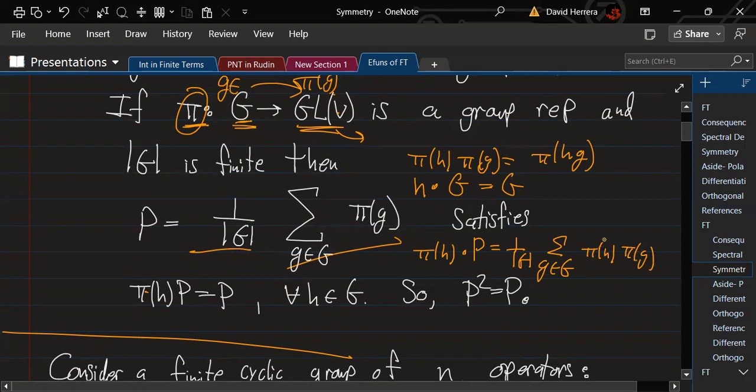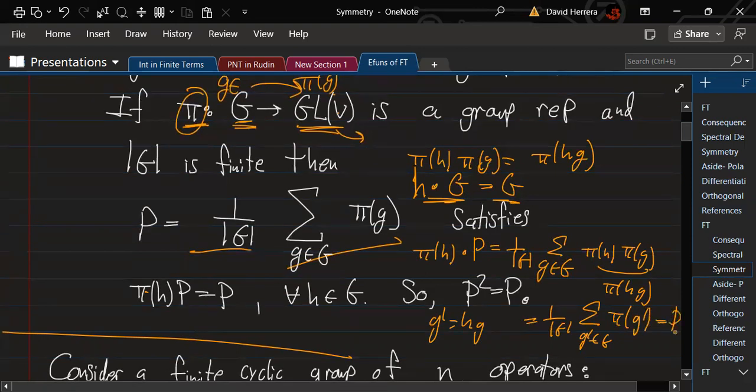Now these combine and you get pi of hg. For every g in G, you're summing over a permutation of it, since h times g just permutes all the different elements. So this is still the same thing as if you define g prime to be hg, the sum over g prime in G of pi of g prime, which is just P. So pi of h times P is P.